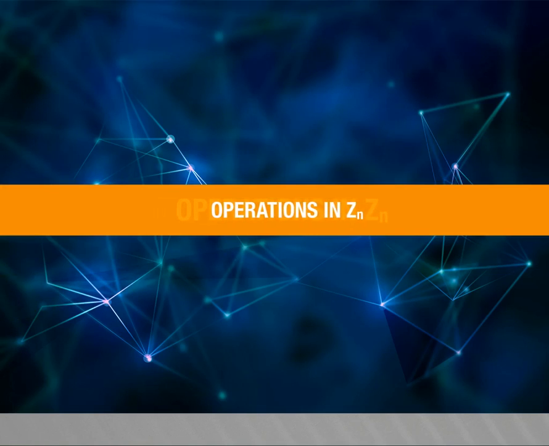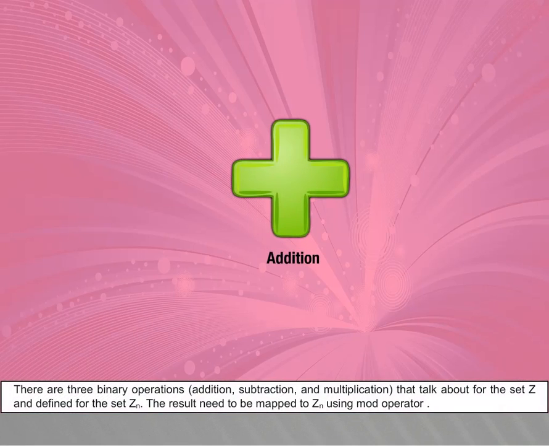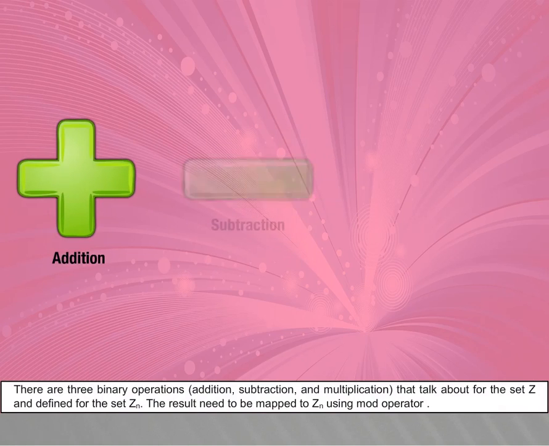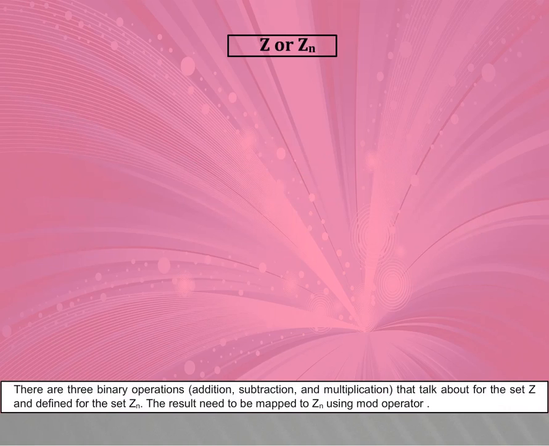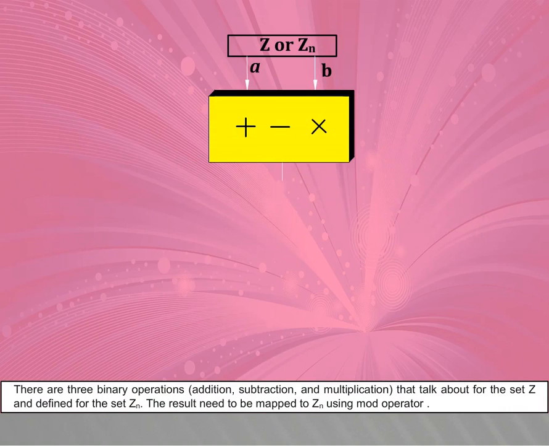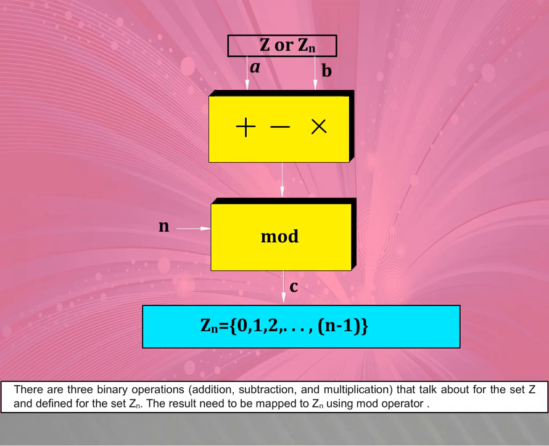Operations in Zn. In this video, we are going to see about operations in Zn. The three binary operations, addition, subtraction, and multiplication, that we talked about for the set Z are also defined for the set Zn. The result needs to be mapped to Zn using the mod operator.